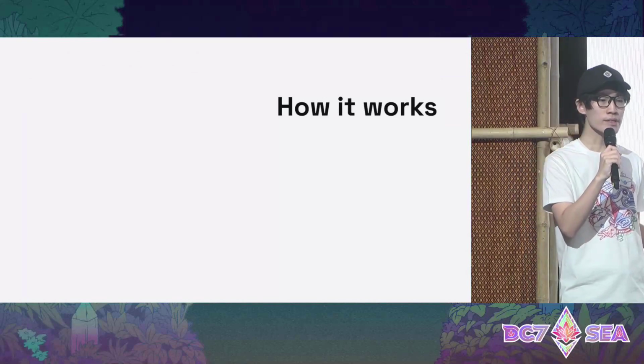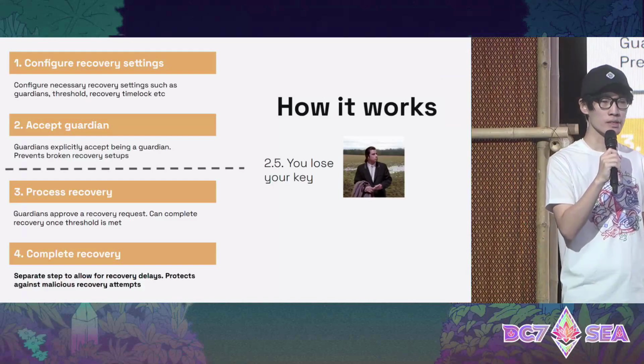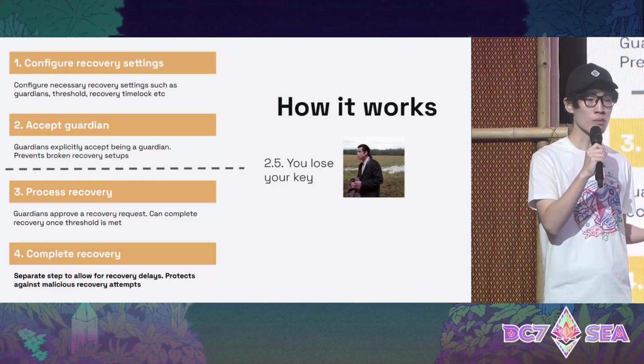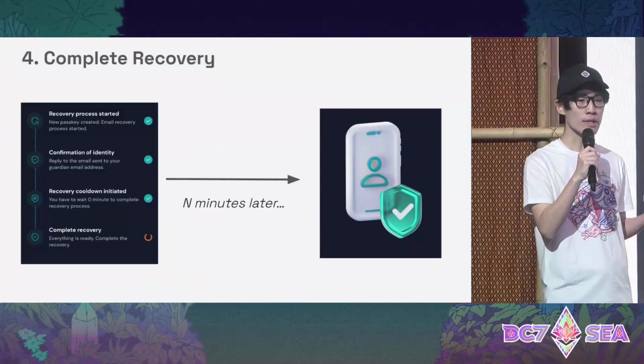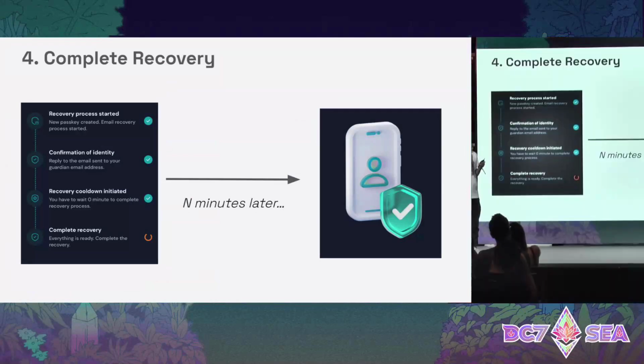And in the final step, the wallet user can complete this recovery request once more than the threshold number of guardians approve the recovery request. However, there's a time delay before completing this recovery request.